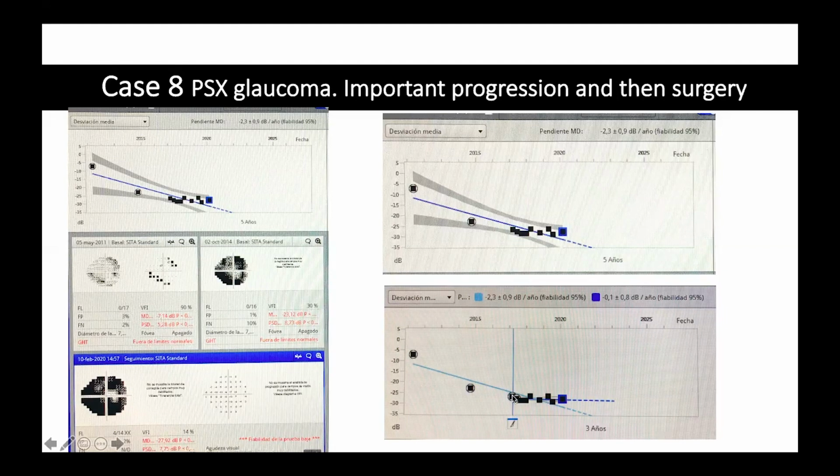And after surgery, we can then set another baseline and have a second trend, which is now a lot less, -0.1 decibels per year. That is very helpful because we can see very graphically how our surgery was able to flatten progression.